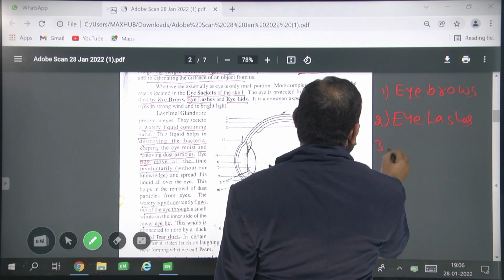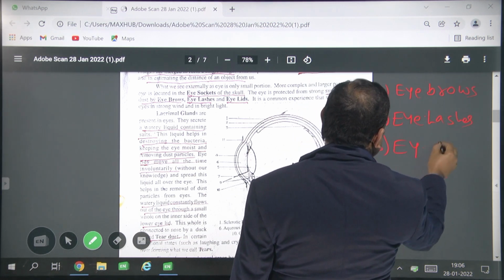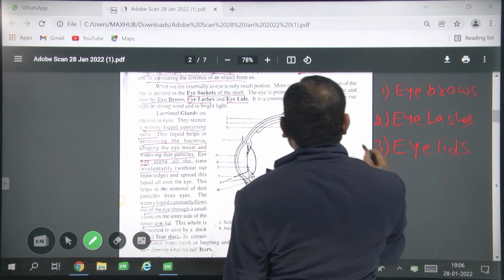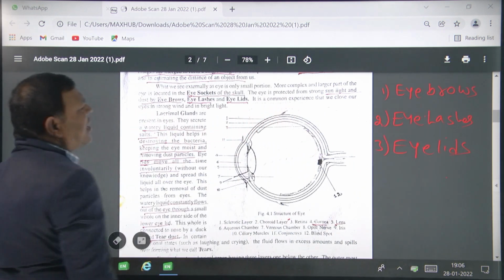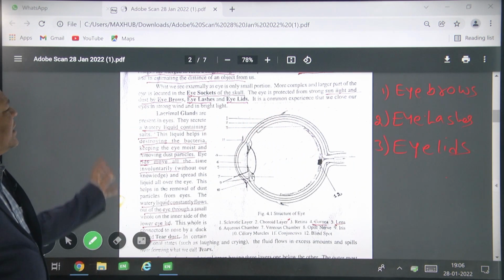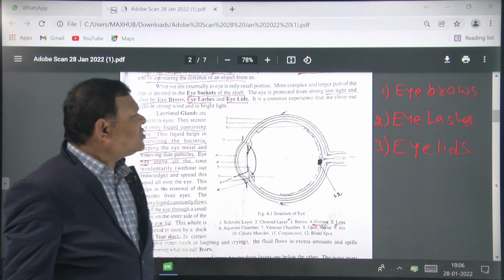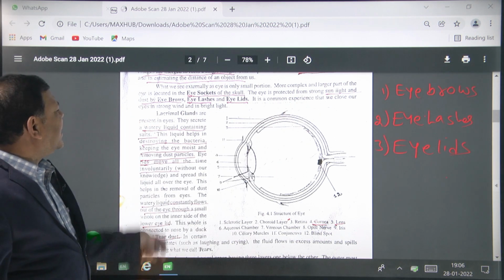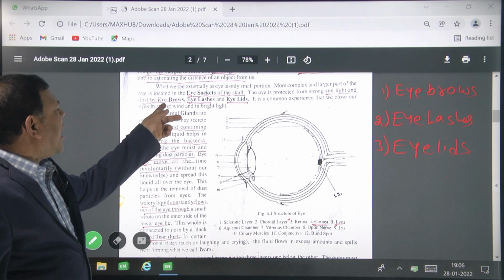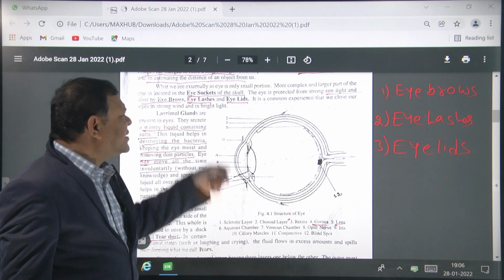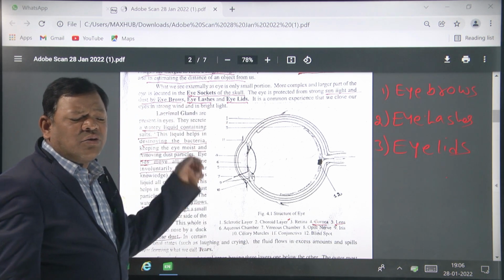Third one, eyelids. So the eyes are protected from strong sunlight and dust by the eyebrows, eyelashes, and eyelids.